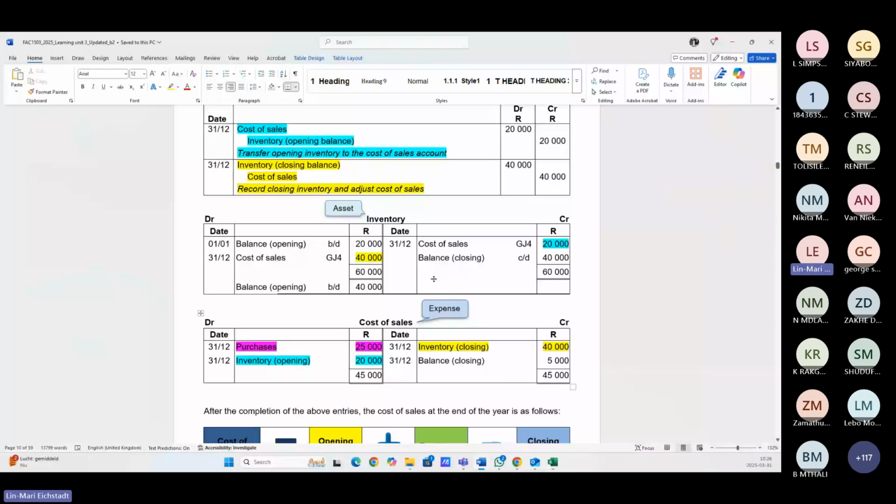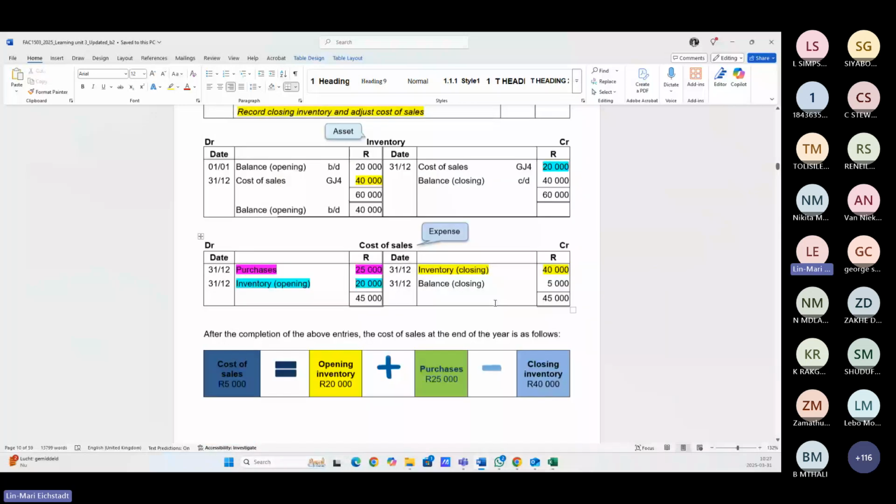Sorry, I'm trying just to understand because I think I'm maybe not understanding properly what you are requesting. Do you mean for me to do the T accounts? Yes. Okay, maybe if somebody else can also reiterate if this is something that they are struggling with the way that I'm showing it now, or just put something in the chat if you're struggling.